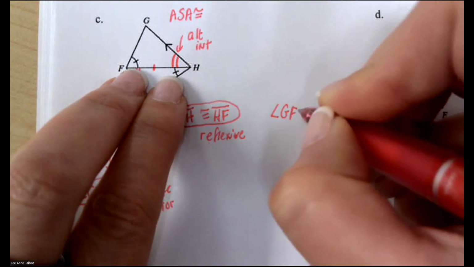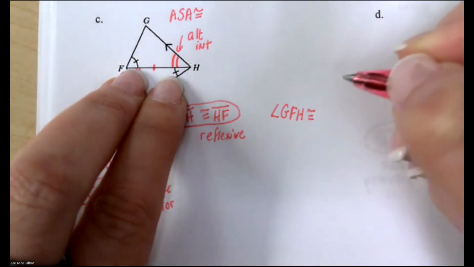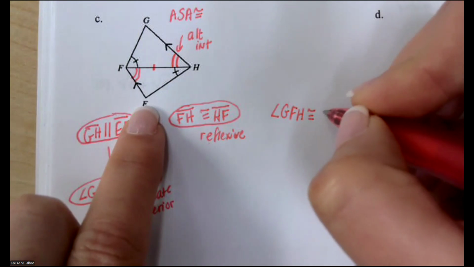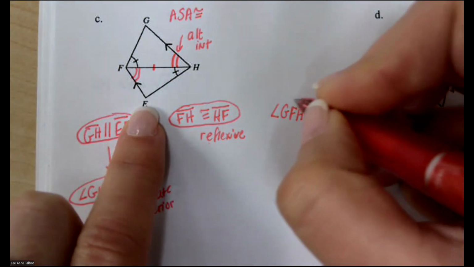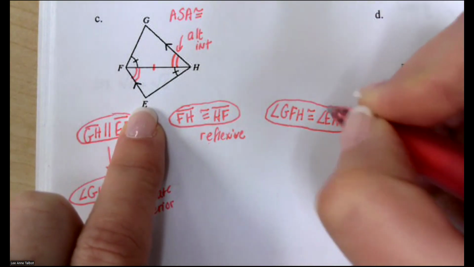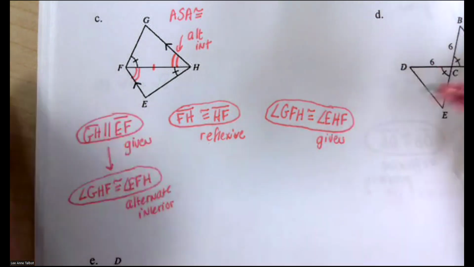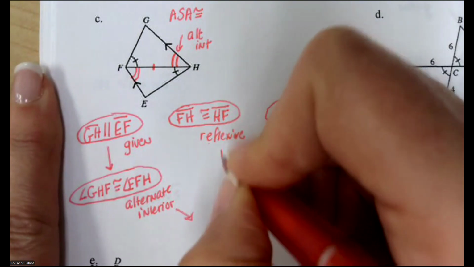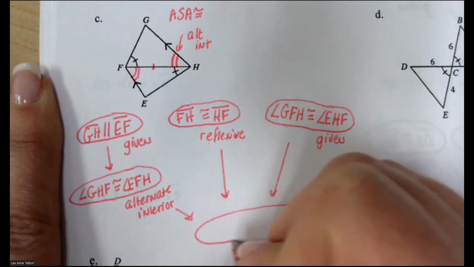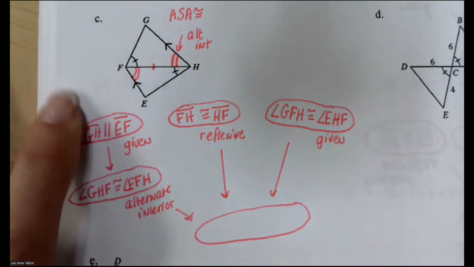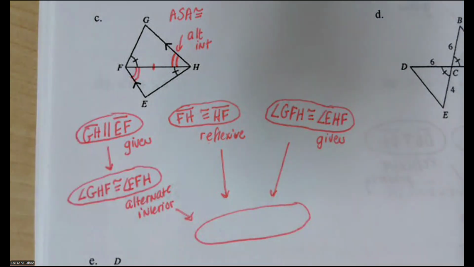Angle GFH is congruent to angle EHF. My given. Okay, what would be alphabetical order on the top triangle?